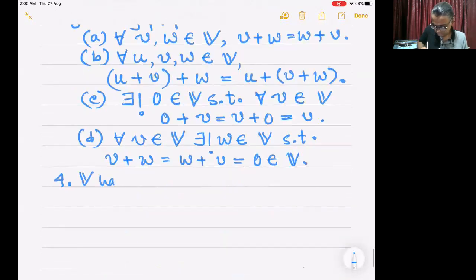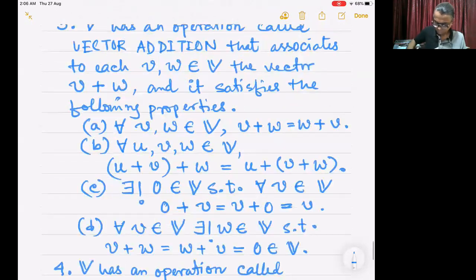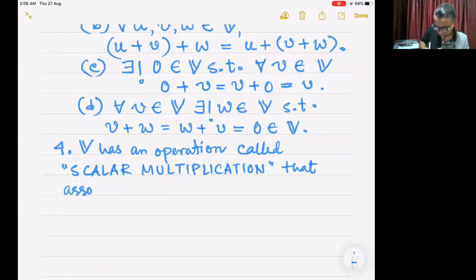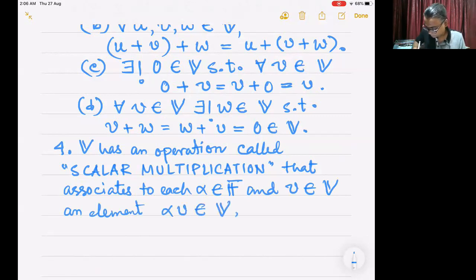V has an operation called scalar multiplication that associates to each alpha in the field and v in the vector space an element alpha v in the vector space, and it satisfies the following.